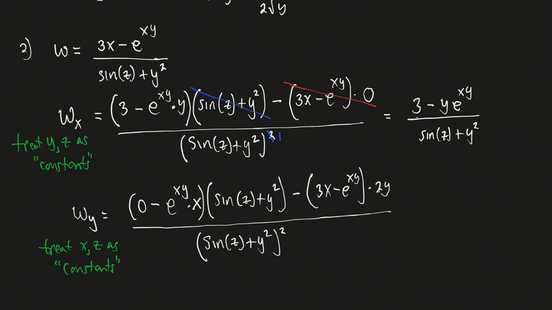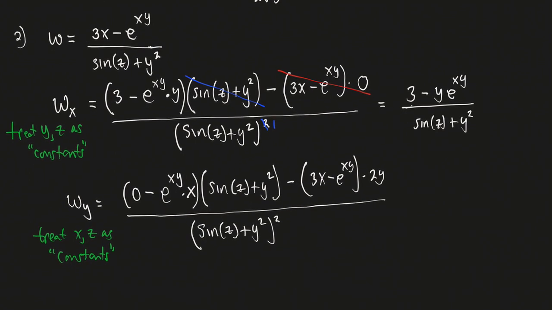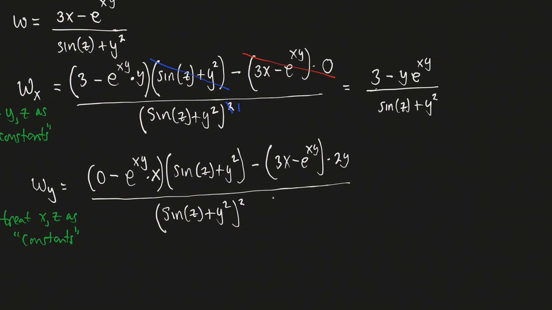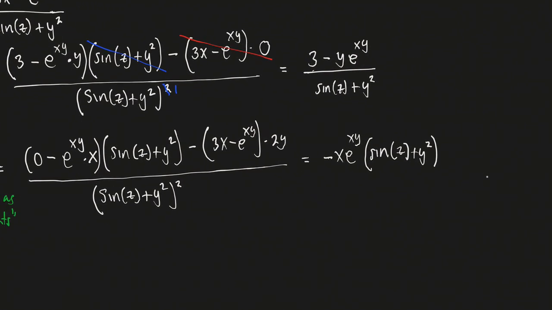Now, I'm not going to spend too much time with the algebra, but what I will just say is this. So you have 0, and then you have this negative e times the x. So I'll write this as negative x e to the xy times this quantity of the sine of z plus y squared. And then, yeah, there's not much we could do.